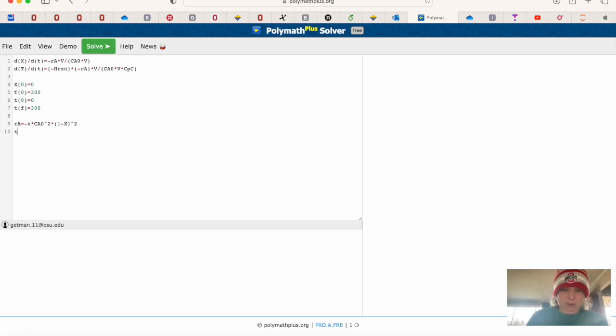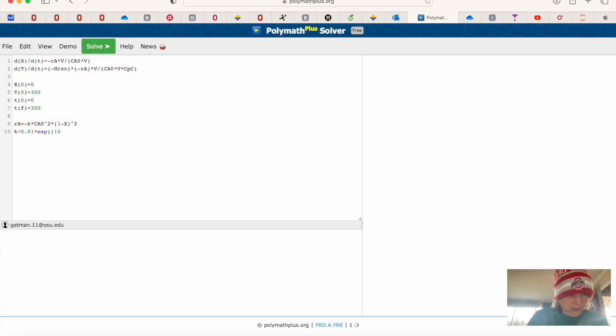For K, I'm going to use the Arrhenius equation, so that's going to change as a function of temperature. I know from the problem statement that it's equal to 0.01 per molar per second at 300 K. So I'll use the Arrhenius equation to take care of that.